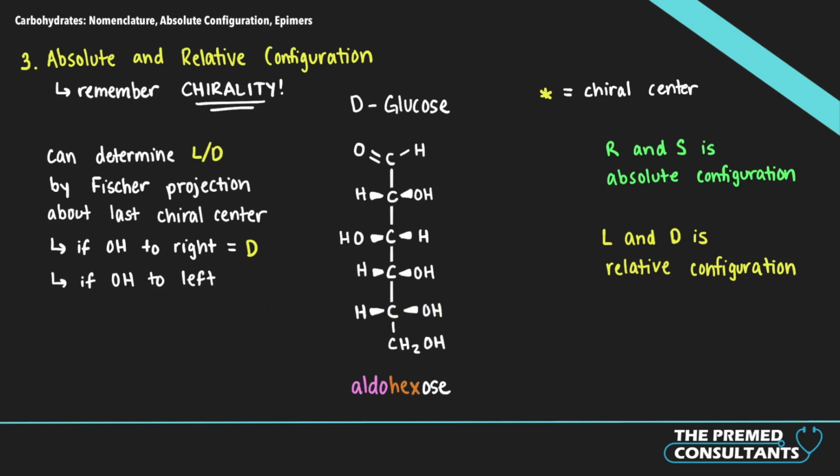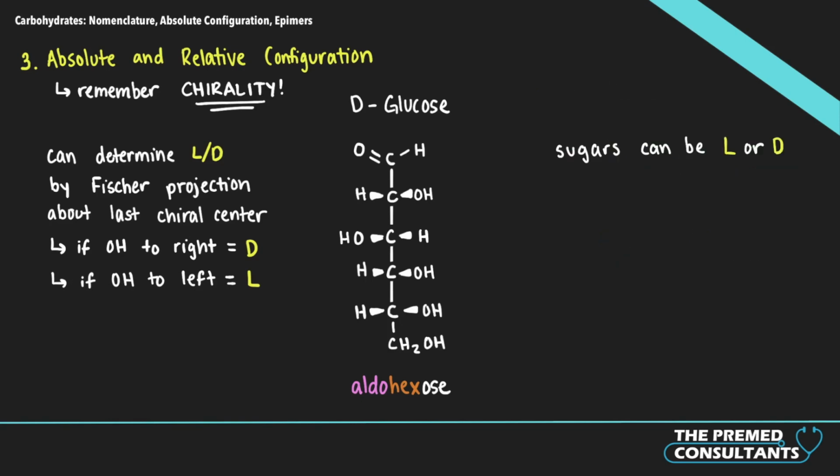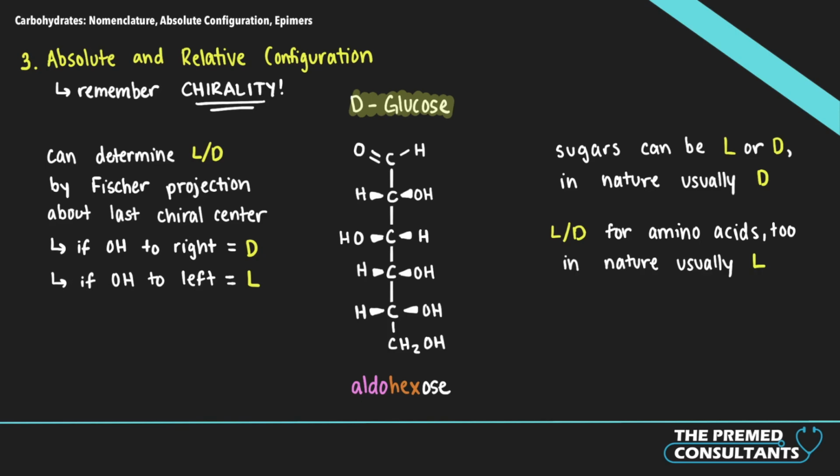If the hydroxyl points to the left, it is L. Sugars can be either L or D, but in nature they almost always exist in the D form. We use the L and D relative configuration to describe amino acids too, which are typically L in nature.